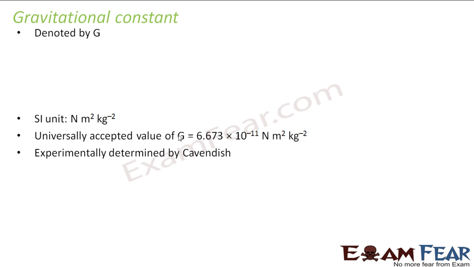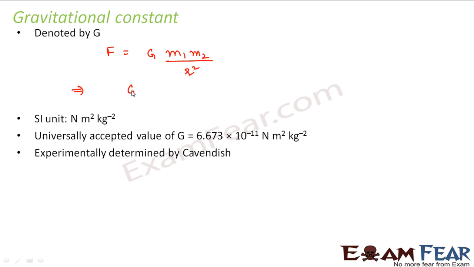Now let us talk about the gravitational constant. This gravitational constant is always denoted by a capital G. How do we know the SI unit for G? As I mentioned, force is equal to G m1 m2 by r square.